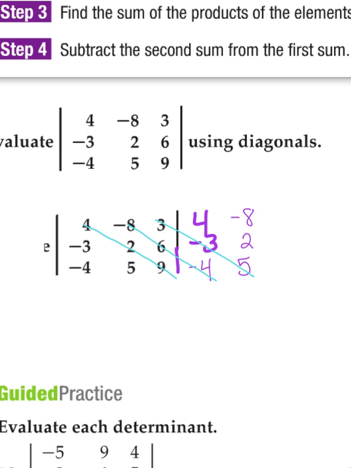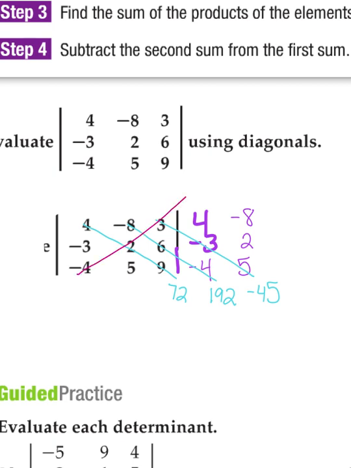And what we're going to do is we're going to multiply them. So when you multiply them, you're going to get 72 here, 192 here, and then 3 times -3 times 5 is -45. All right, so then you're going to multiply diagonally the other way.